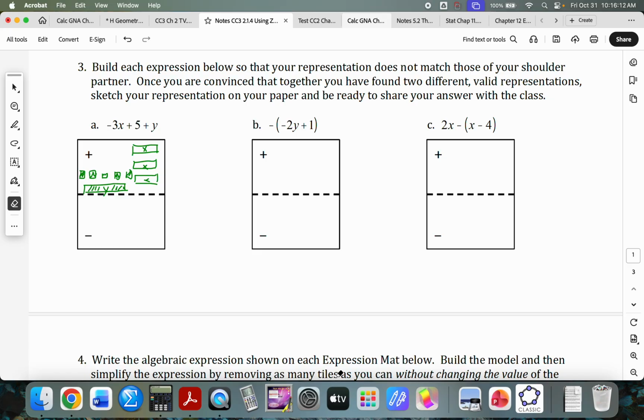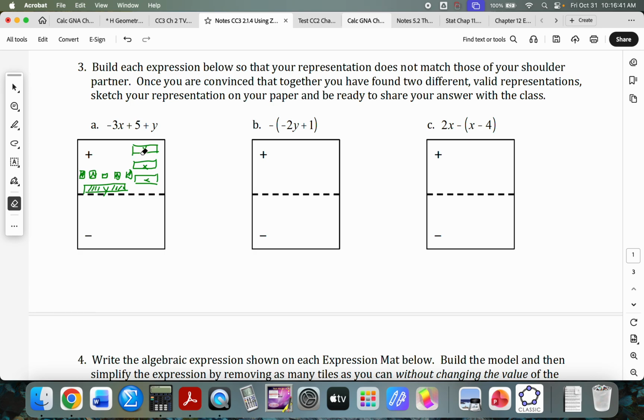Does anyone have a question about either of those or about something that you did where you're like, I'm not sure mine is right? I have 5 positive tiles, and then I have 1 positive y. And then I have 3 x's in the negative.